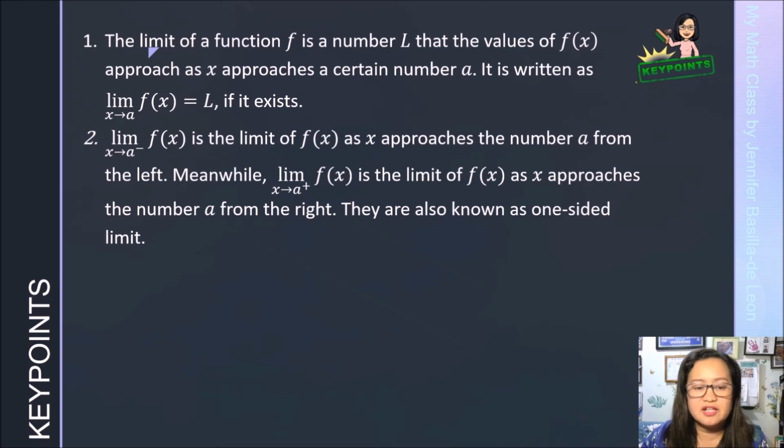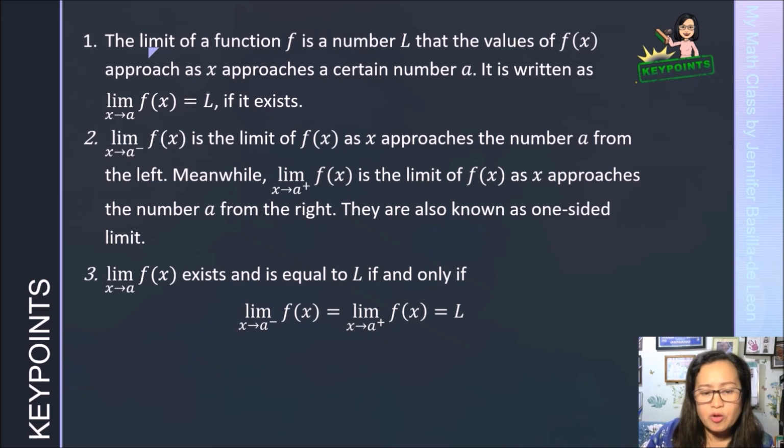Second, the limit of f of x as x approaches a from the left is the limit of f of x as x approaches the number a from the left. Meanwhile, the limit of f of x as x approaches a from the right is the limit of f of x as x approaches the number a from the right. They are also known as one-sided limits.